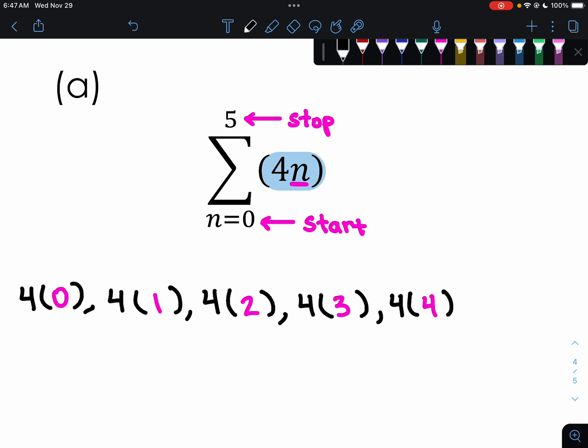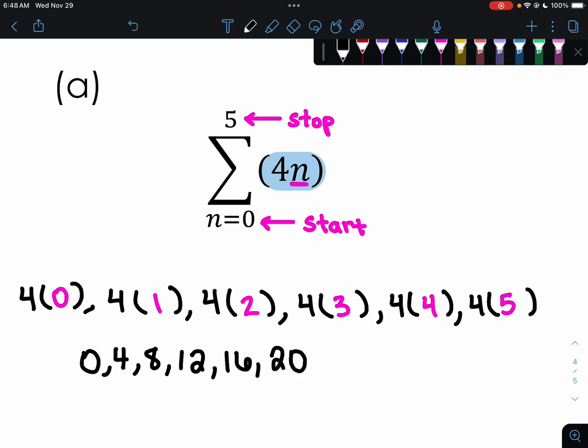And lastly, 4 times 5. So this is how we would get the terms for the sequence. So we would have 0, 4, 8, 12, 16, and 20. If we need to determine the sequence that would go with this summation, then this is what we would do.